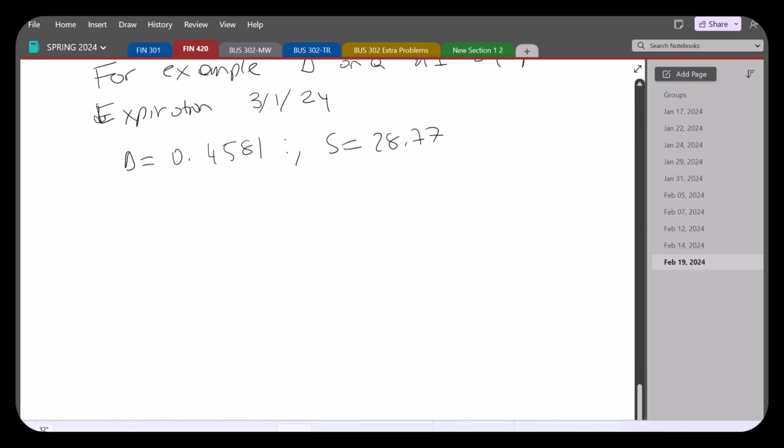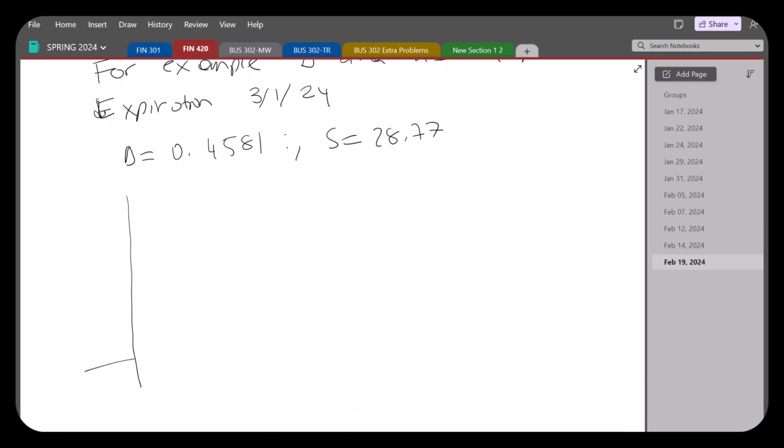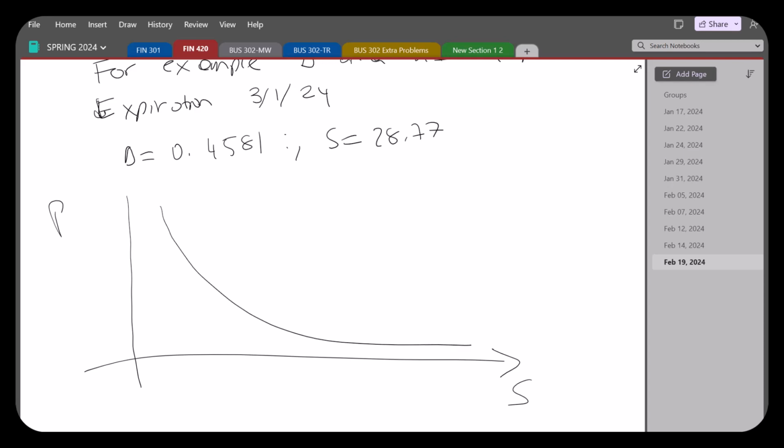So if I did a graph of the put option price, it would look something like that. Okay?